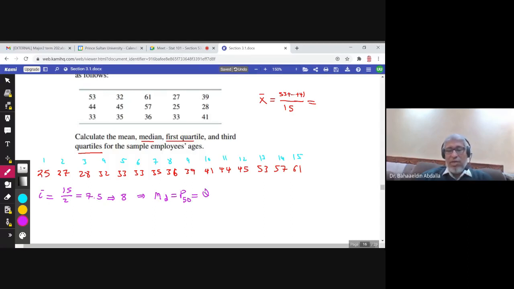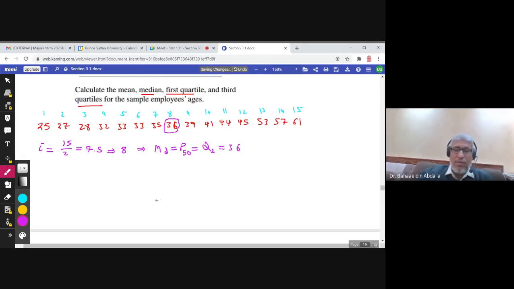It is also the second quartile, okay. This is number 8. So 36 is the median. If you check your answer, you will find that there are 7 numbers to the right and 7 numbers to the left. Good.